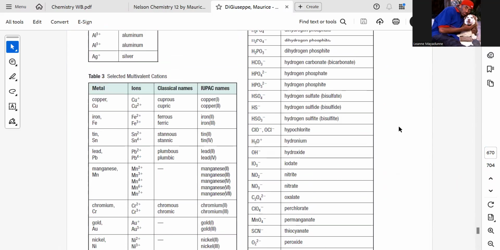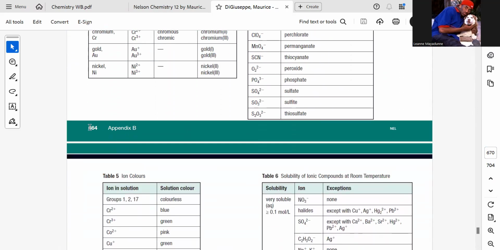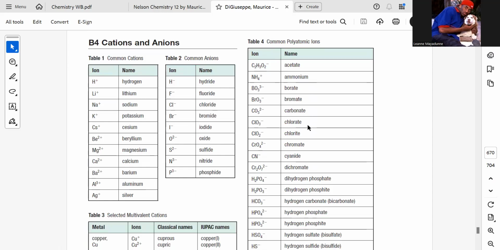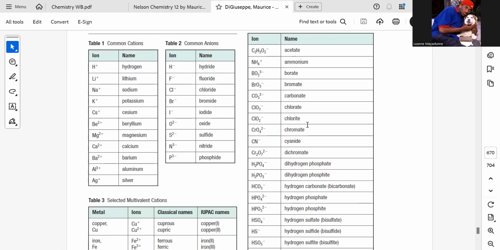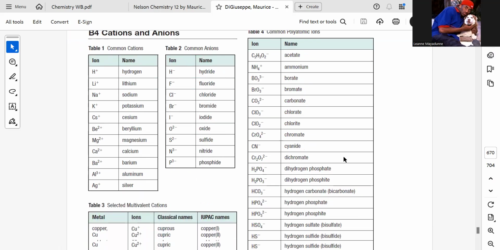If you go to this table over here, Appendix B, page number 664, you have the common polyatomic ions. You will be given these common polyatomic anions in a table, like you will be provided with a table in school.